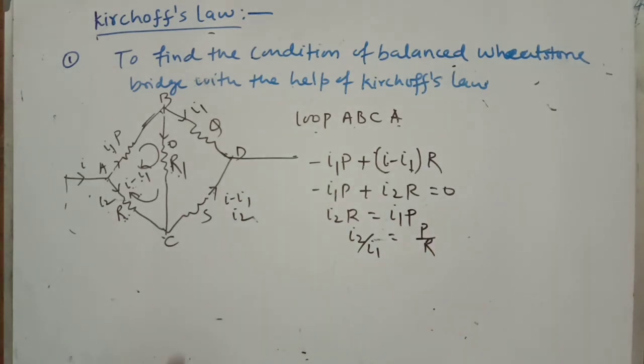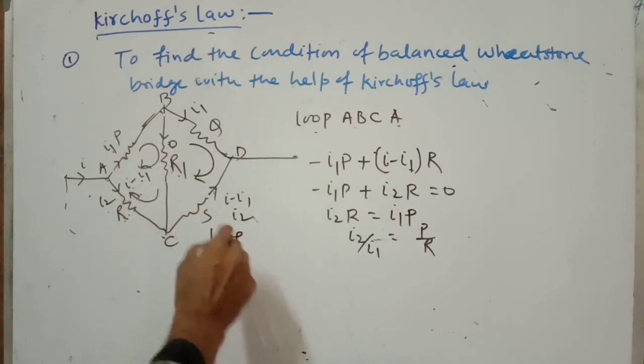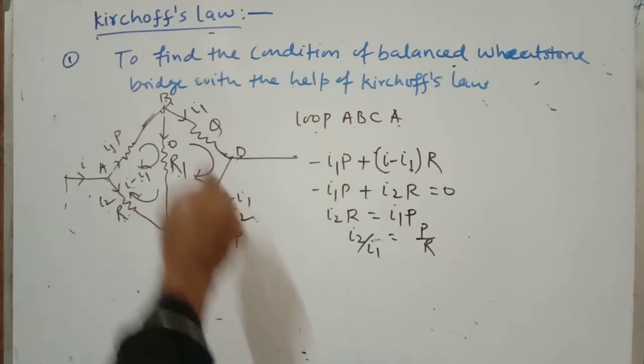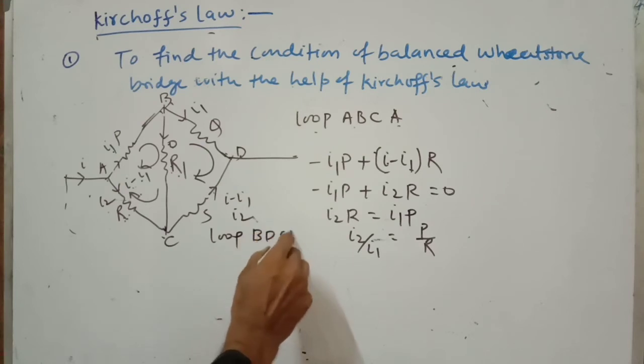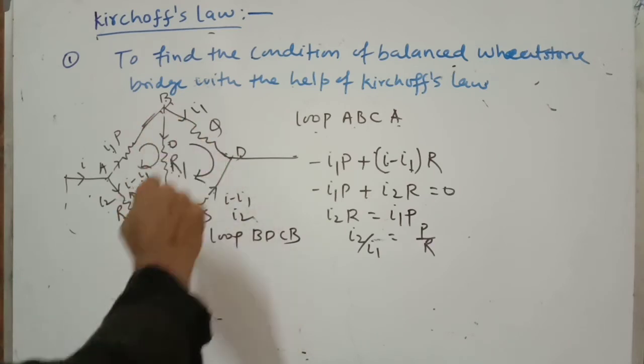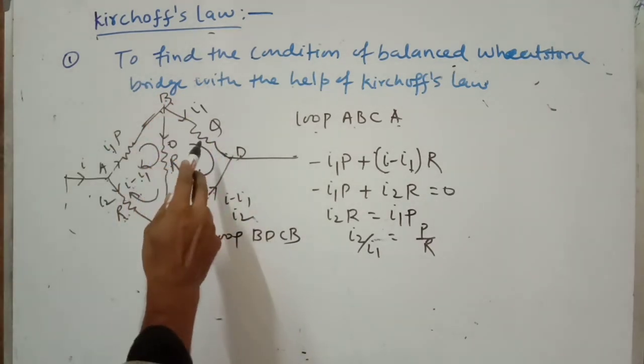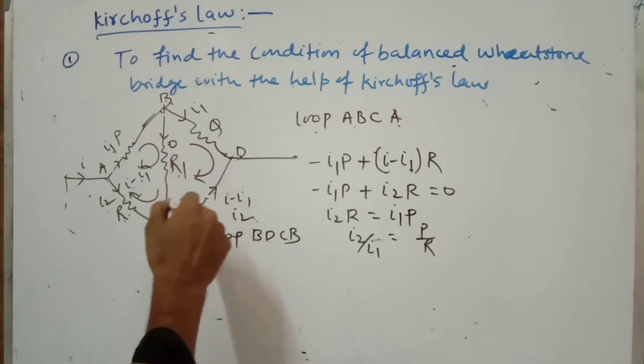Similarly, you can take this loop also. So we consider loop B, D, C, B. Your considered direction is BDCB. Now I am writing the algebraic summation of potential through resistance and cell.